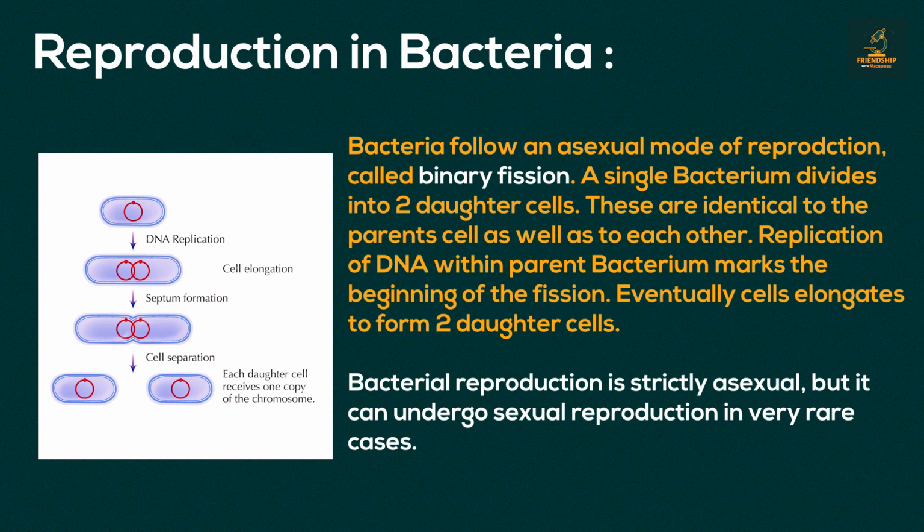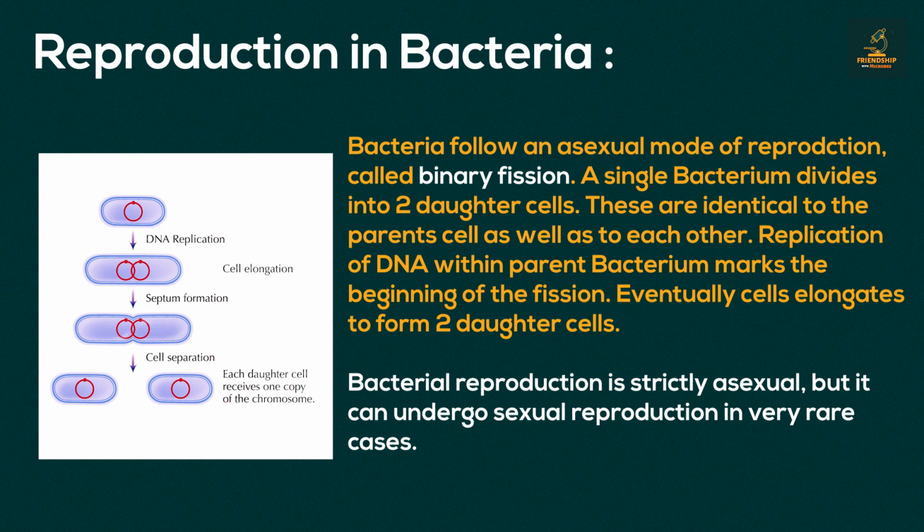Reproduction in bacteria. Bacteria follow an asexual mode of reproduction called binary fission. A single bacterium divides into two daughter cells. They are identical to the parent cell as well as to each other. Replication of DNA within the parent bacterium marks the beginning of the fission. Eventually, the cell elongates to form two bacterial cells.